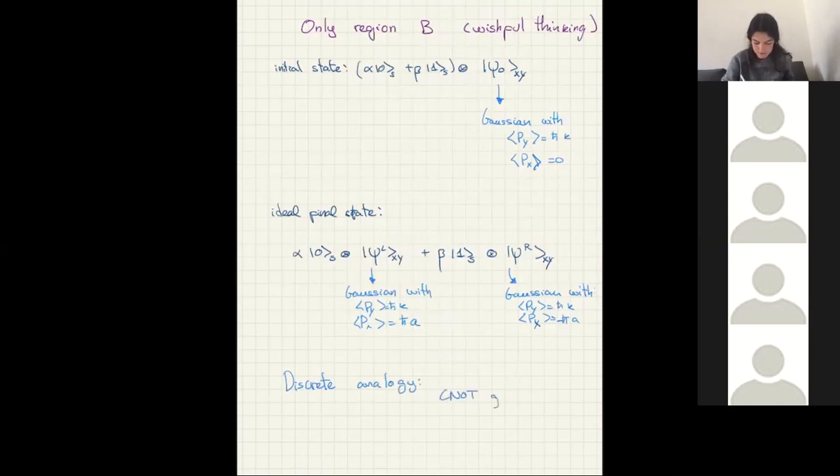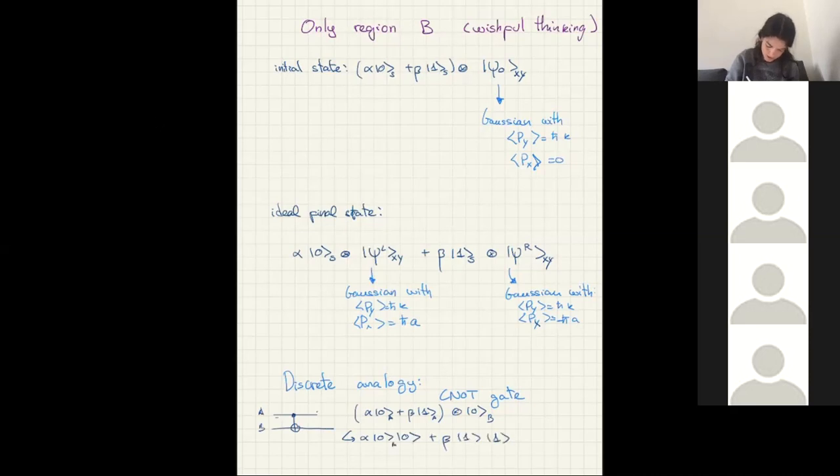The C0 gate. So this was this gate, which took a state alpha 0 plus beta 1, say qubit A, qubit B, tensor 0 on B, to alpha 0, 0 plus beta 1, 1.